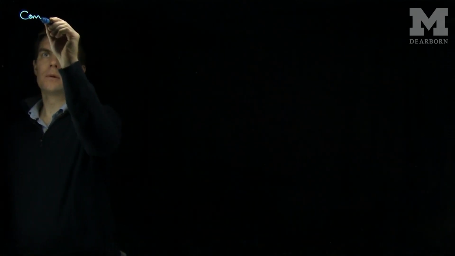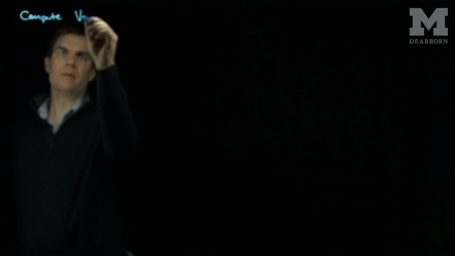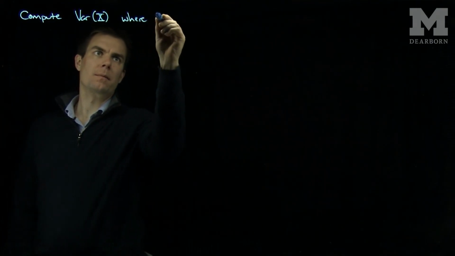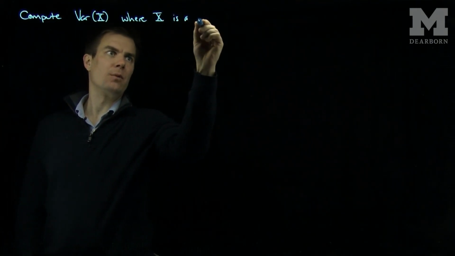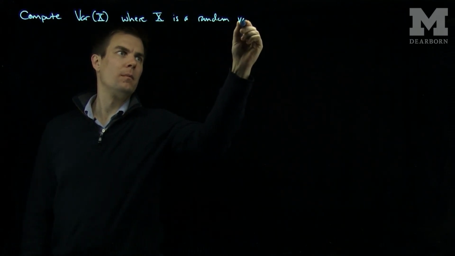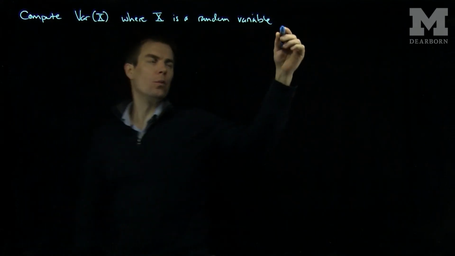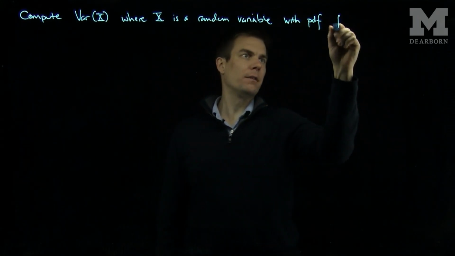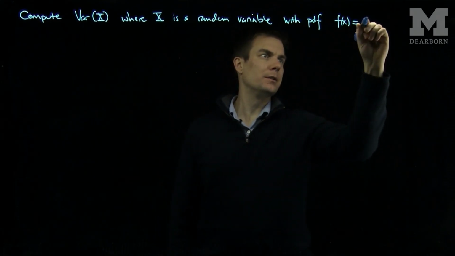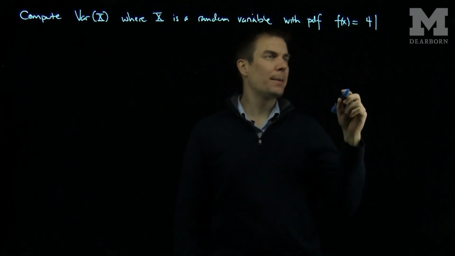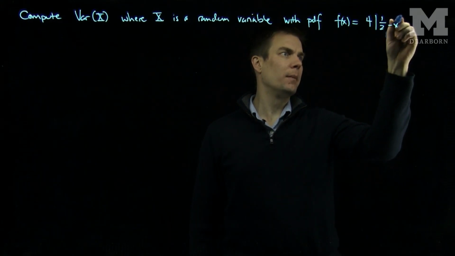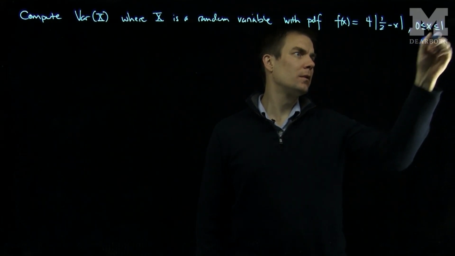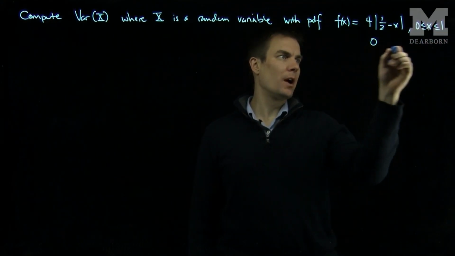Let's compute the variance of X, where X is a random variable with PDF f of x equal to 4 times the absolute value of 1/2 minus x on the interval 0 to 1, and 0 everywhere else.